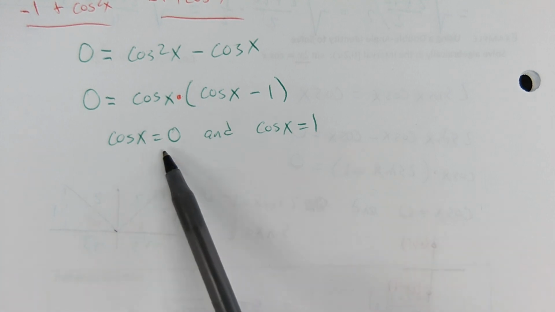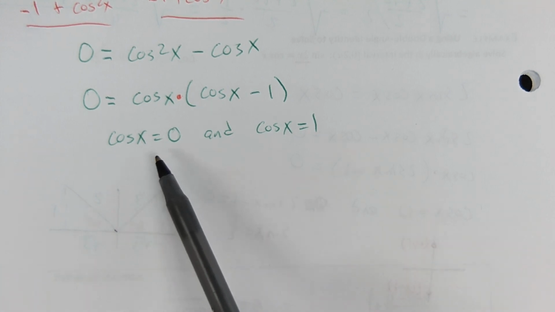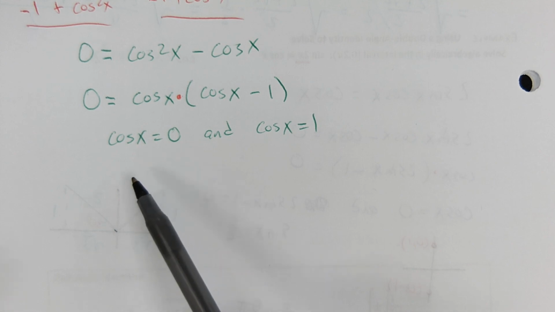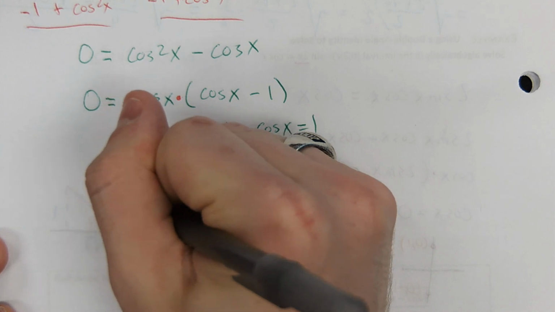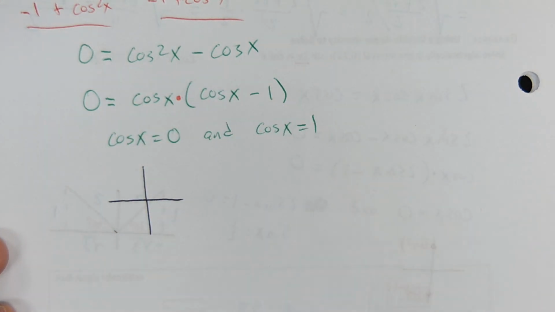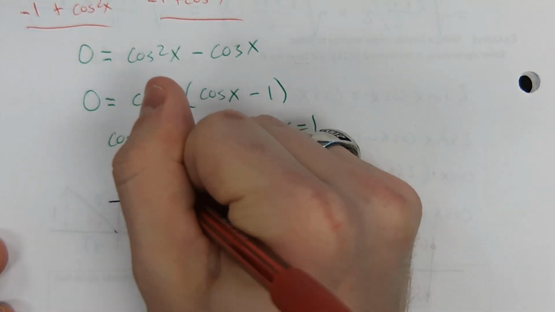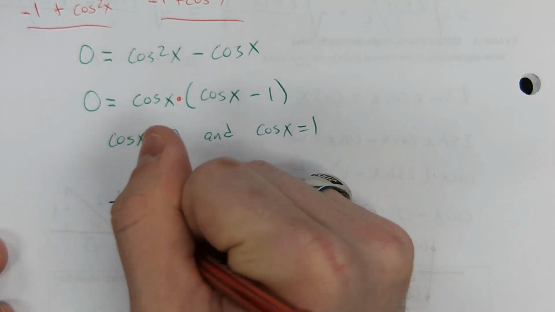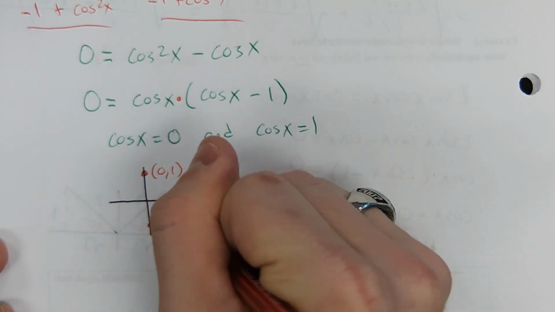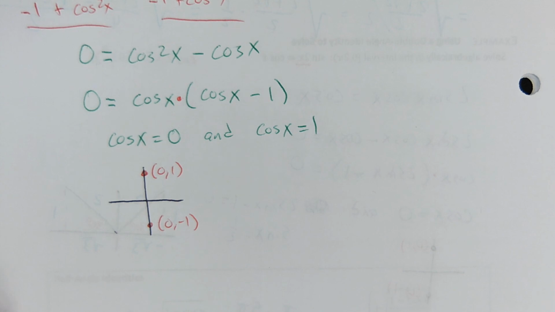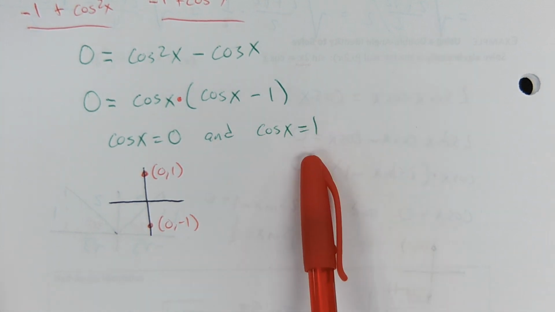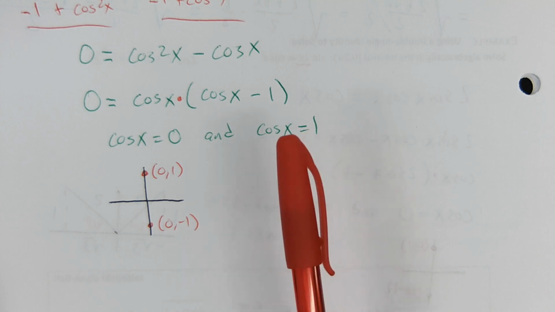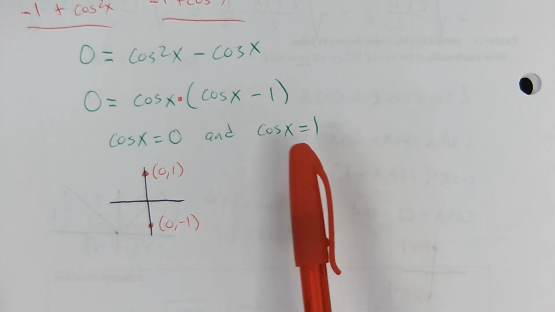Well, we just talked about when cosine x is 0. Cosine x is 0 in the quadrantals when you don't have an x value because this is x over r. So that's going to happen here when you're at 0, 1, and here when you're at 0, -1, because, like I said, x equals 0 there. But cosine equaling 1, since it's x over r, you need the x value to equal the radius.